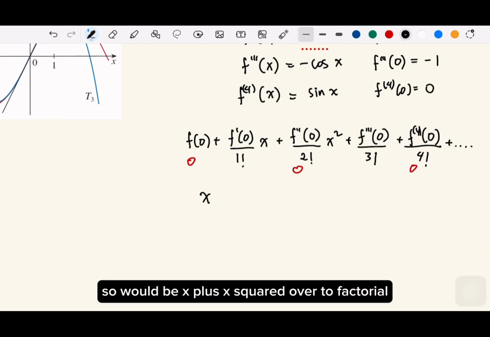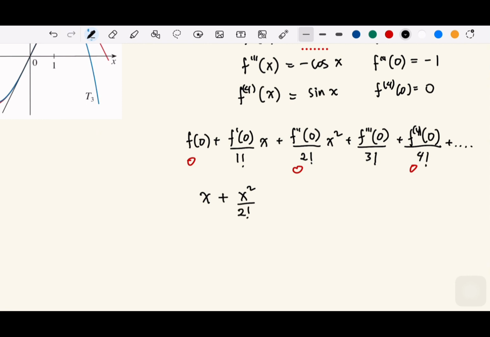So it will be x plus x cubed over 3 factorial, sorry, this is x cubed, and then x to the fourth is 0.